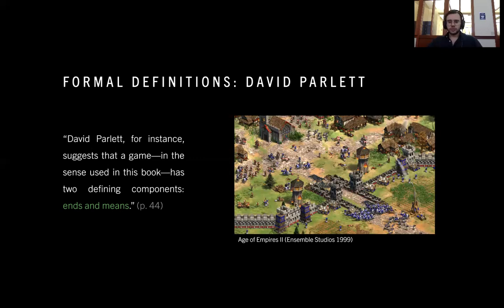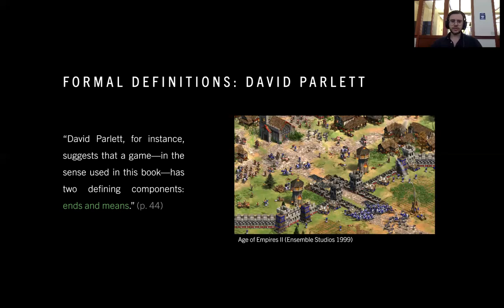In Age of Empires 2, a real-time strategy game, our goal is to defeat the enemy faction, and for that we are provided technologies and resources that we can harvest and exploit to build up a city or a camp in which we can then recruit soldiers and other units in order to create an army with which we can overwhelm the enemy that we are fighting, whether it's an AI or an actual human player.